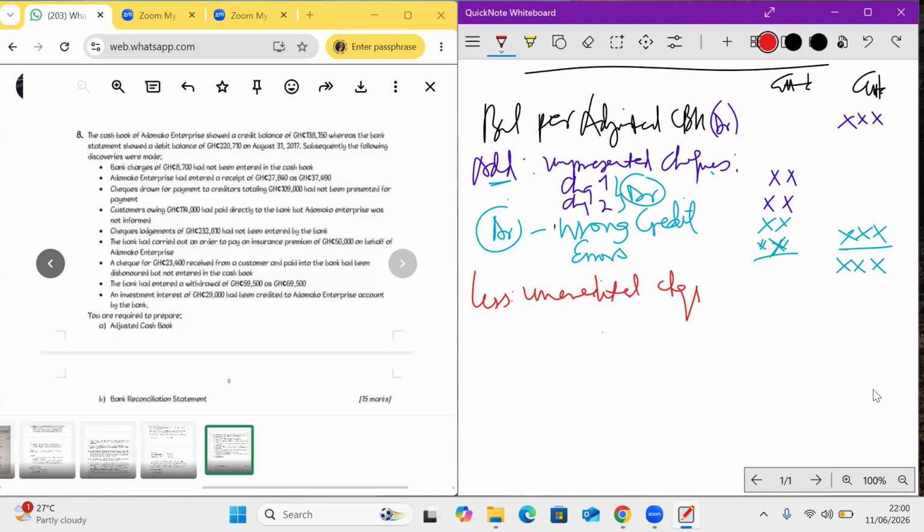And don't forget, when they are debiting on the bank statement, which side in the cash book corresponds to the debit side of the bank statement, debit or credit? Credit. It means that as we are working on the debit side of the bank statement, it is the credit side of the cash book.